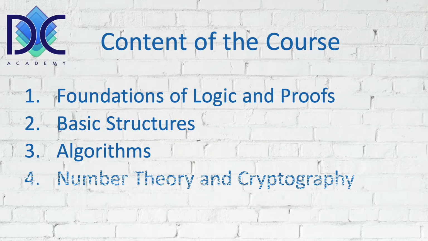We also look at number theory and cryptography. Cryptography is very important. How we do this, we use prime numbers. We look at P and NP problems. So we look at polynomial problems, not polynomial problems, and NP problems are very important in the field of cryptography.